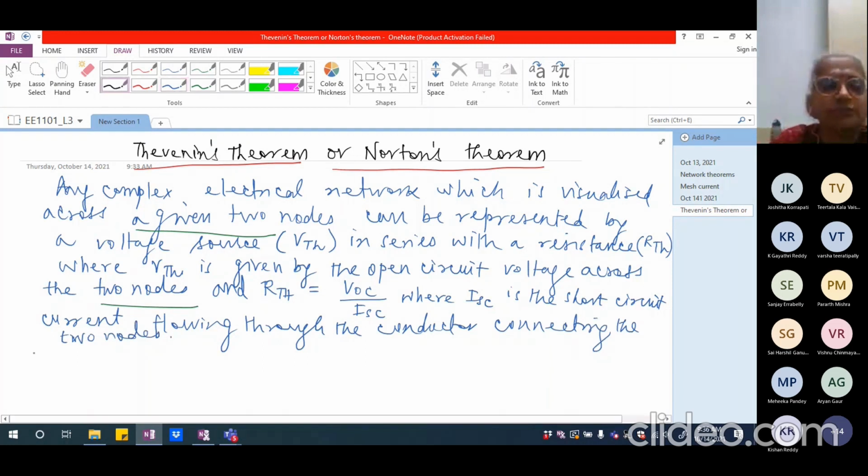Norton's theorem is just a reflection, or a dual, of the same thing.